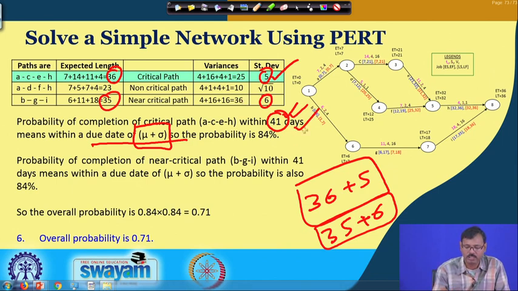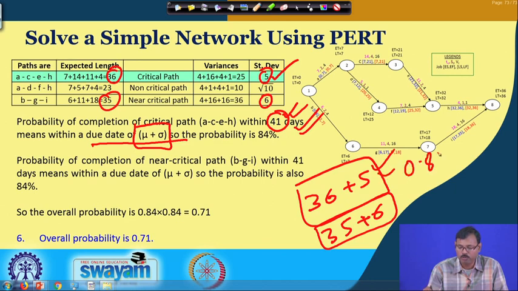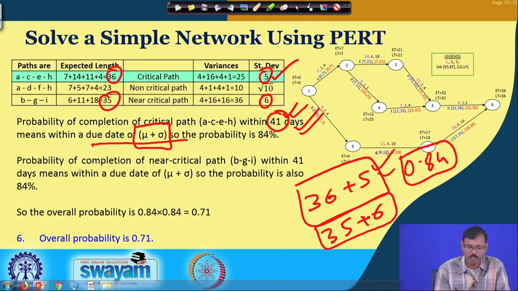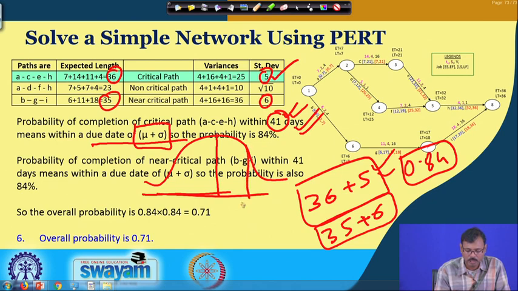So, for both the cases it is coming 41 days, and we know the probability of completion is 0.84 from the standard normal distribution table, where if this is the mu plus sigma, the area under all this comprises 84% area.